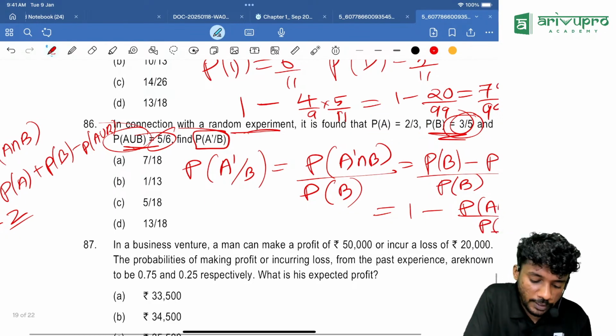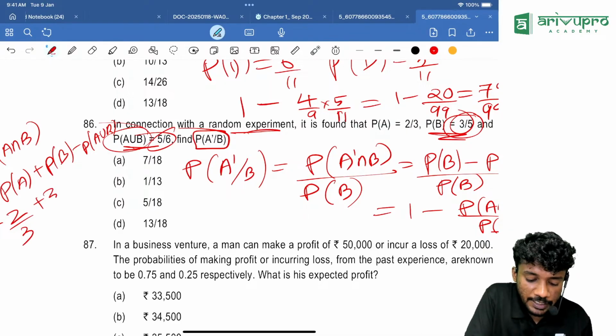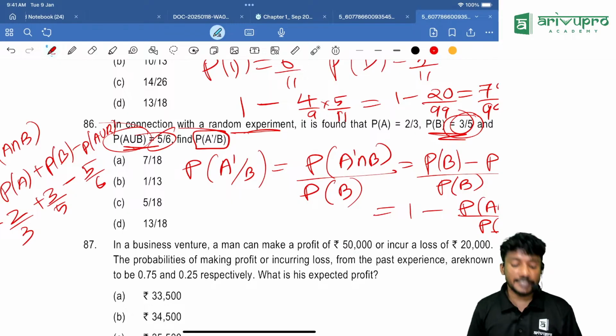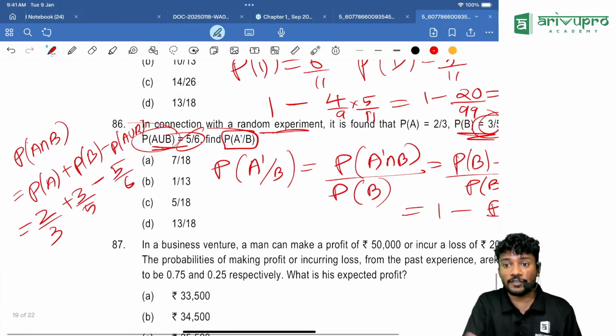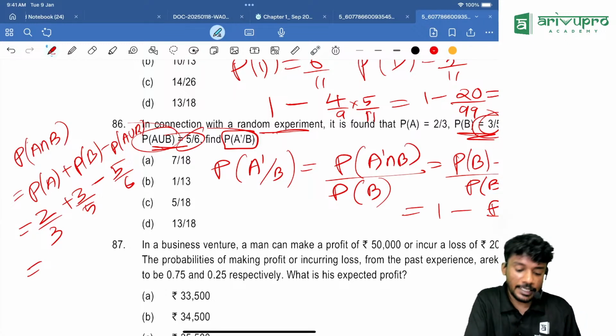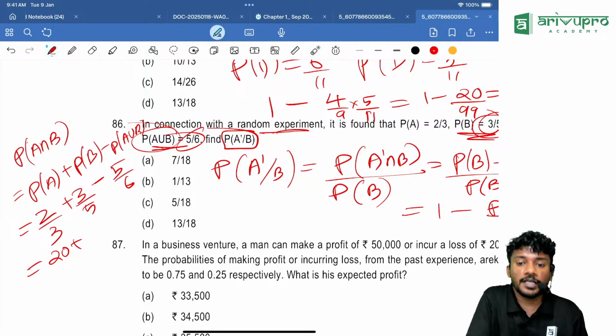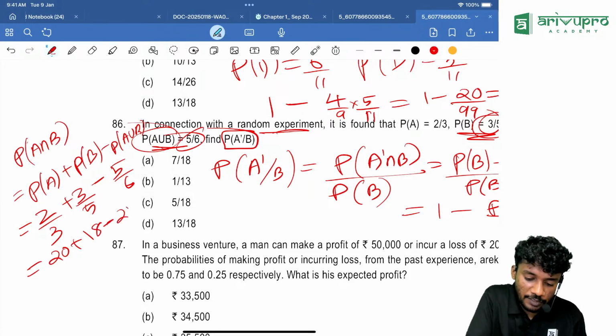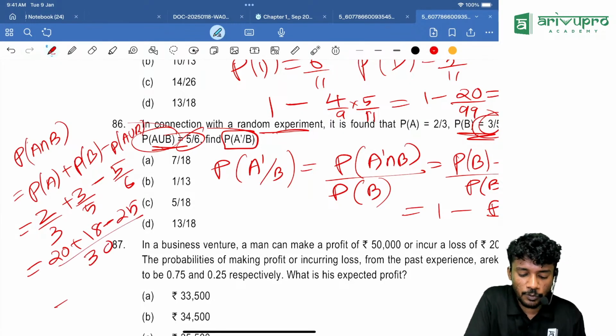That is 2 divided by 3 plus 3 divided by 5 minus 5 divided by 6. What is the LCM of 3, 5 and 6? It will give you 30. 3 into how much is 30? 10. That means 20 plus 18 minus 25 divided by 30. That is equal to 13 divided by 30.